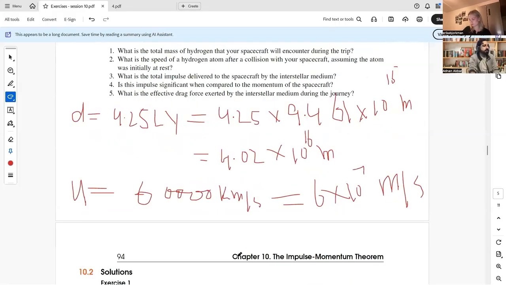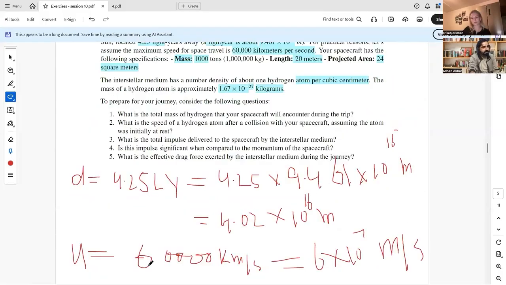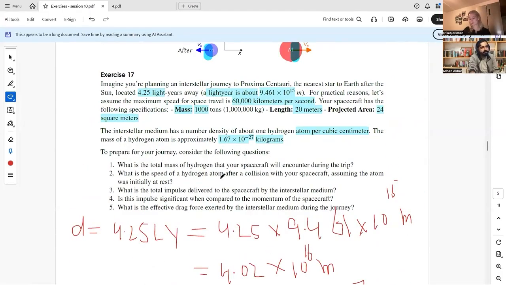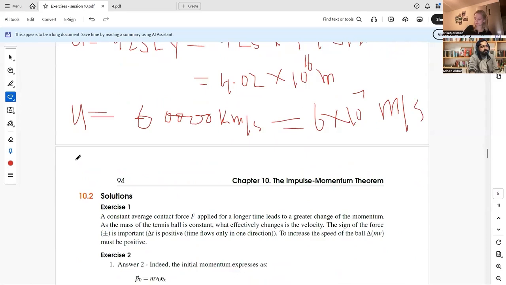That is the speed of the spacecraft. Ship mass is 10^6 kg, representing it by capital M equal to 10^6 kg.